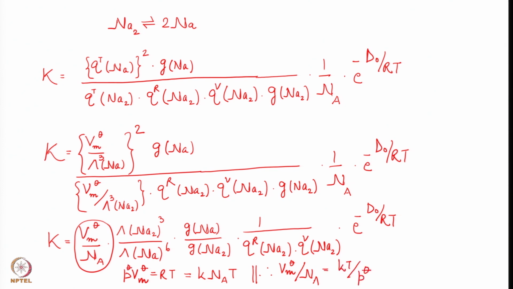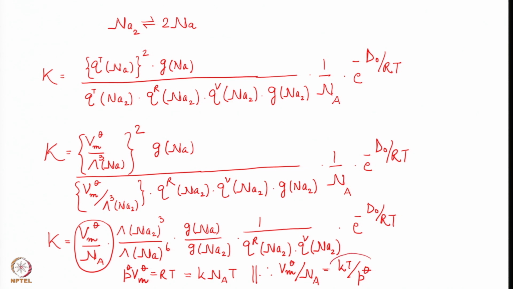This is also naught, because this is the standard state we are talking about. So Vm naught by Na, this Na is Avogadro constant, is KT by P naught. If I write KT by P naught, then I do not need the volume, because we are considering the standard state conditions and applying the ideal gas equation P naught V naught is equal to RT, I can get Vm naught by Na in terms of KT by P naught. K is a constant, T is a given temperature, P naught is 1 bar. That means you need not be given the volume.